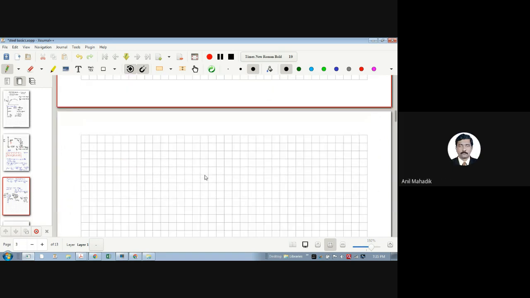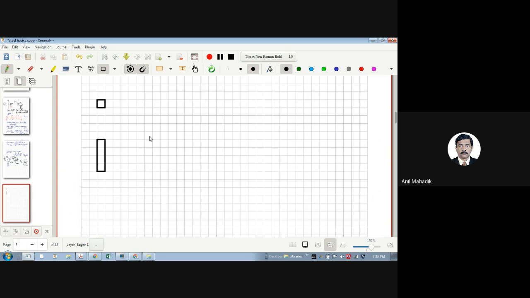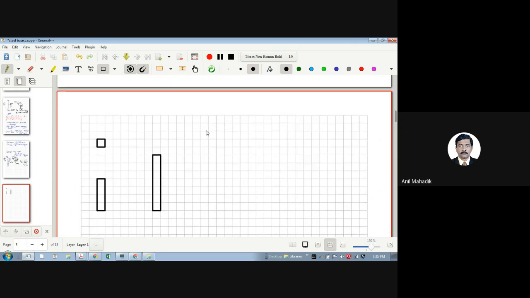Now I'm asking you a question. Let's say we have a square rod. The first case is that you have this square rod of the same dimension, then the second case is this rod, and then the third case. The cross section of each rod is same.